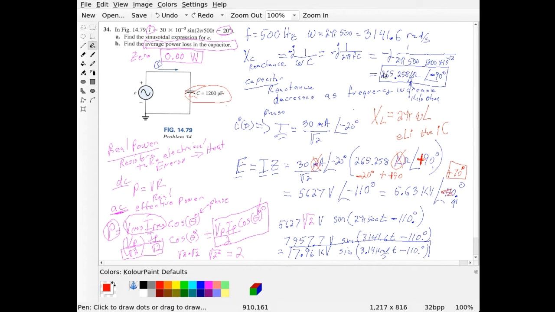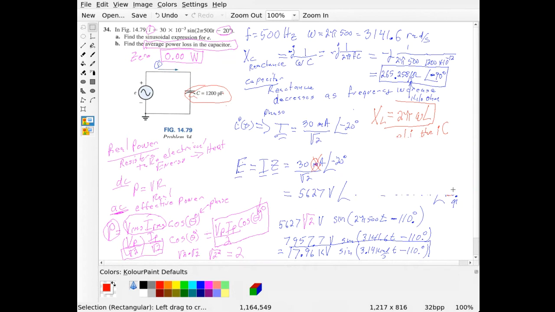But if we actually calculated this one, let's see if I can find some room here, just to show you the huge difference. Okay, so if we took that this was actually an inductor, and the inductor was 1200.